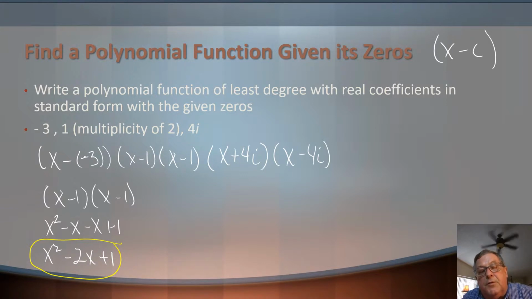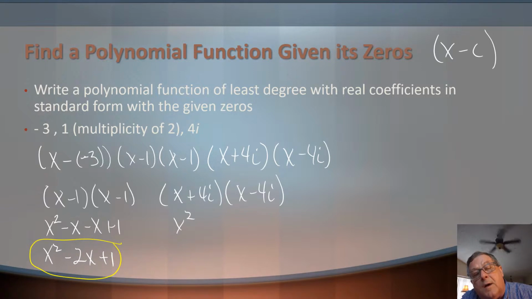Now, why don't we do x plus 4i times x minus 4i. x times x is x squared. x times -4i is -4xi. 4i times x is plus 4xi.